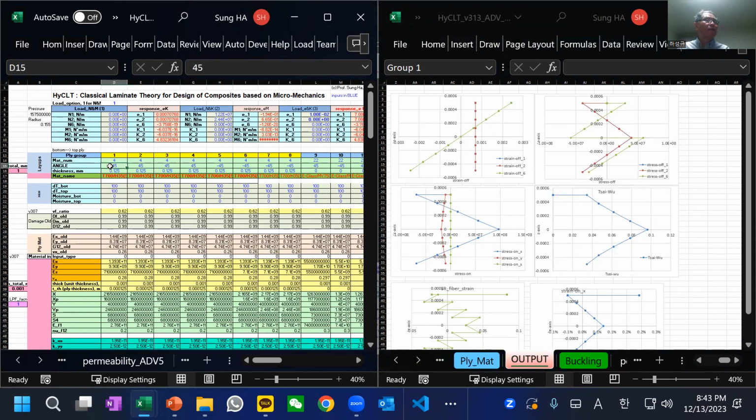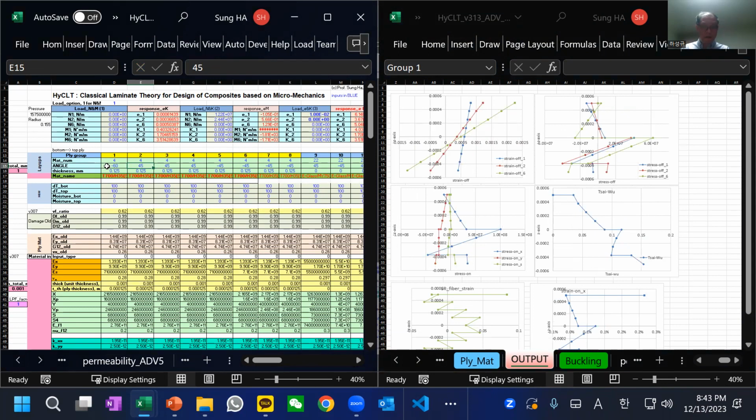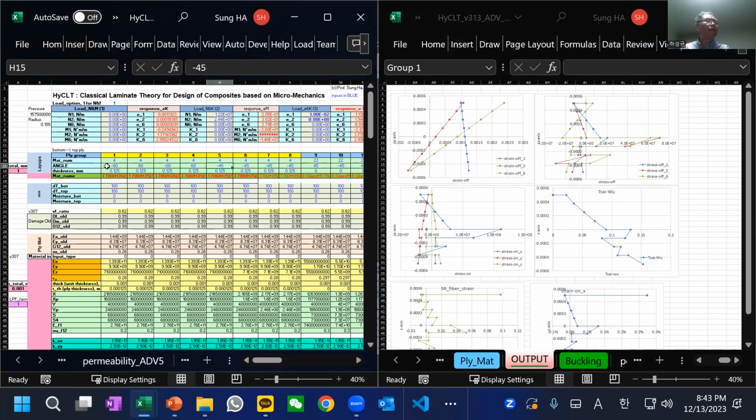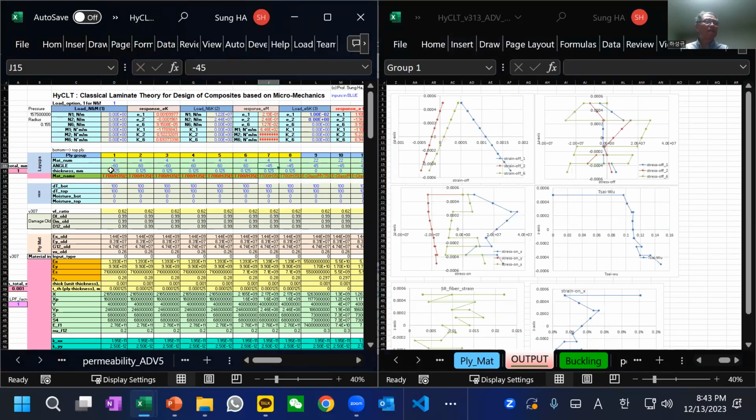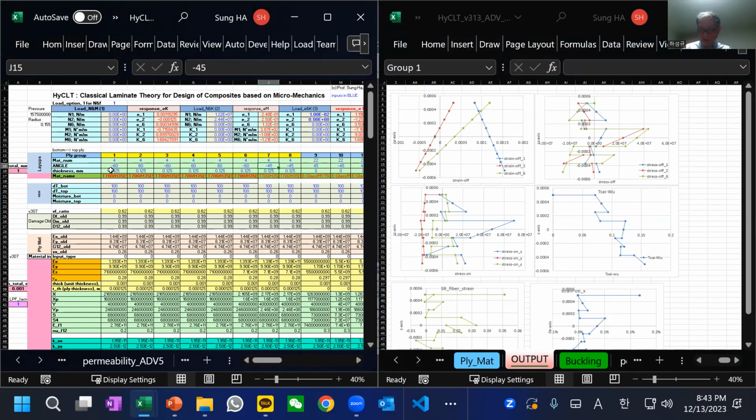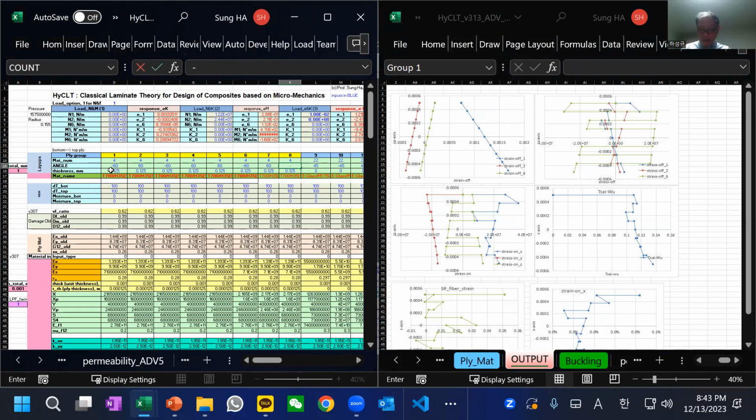Another thing will be, let's say, minus, for example, 60. Minus 60, plus 60, and minus 60, and plus 60, and then symmetric. So 60, minus 60, minus 60 and plus 60, plus 60, and then minus 60.